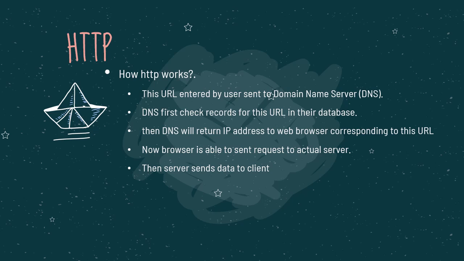Then the browser will send a request to the actual server which holds the Facebook website. The server will accept the request and send us back the pages corresponding to facebook.com. So this is how HTTP works.